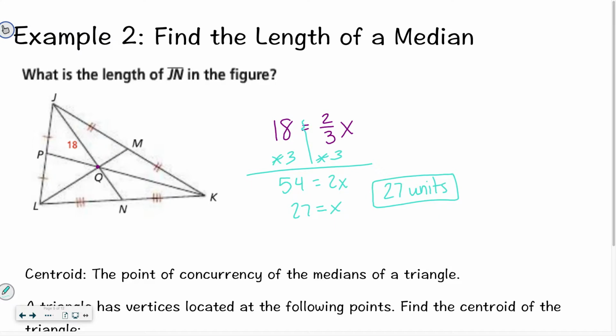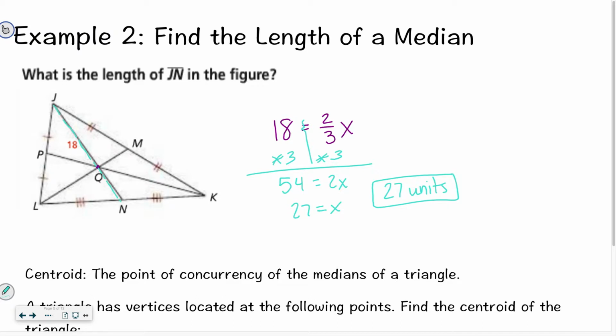That's one way that you can solve it. Another way is, I've had people before that like to simply split it up into thirds. So we know that QN would have to be 1/3, if JQ is 2/3.